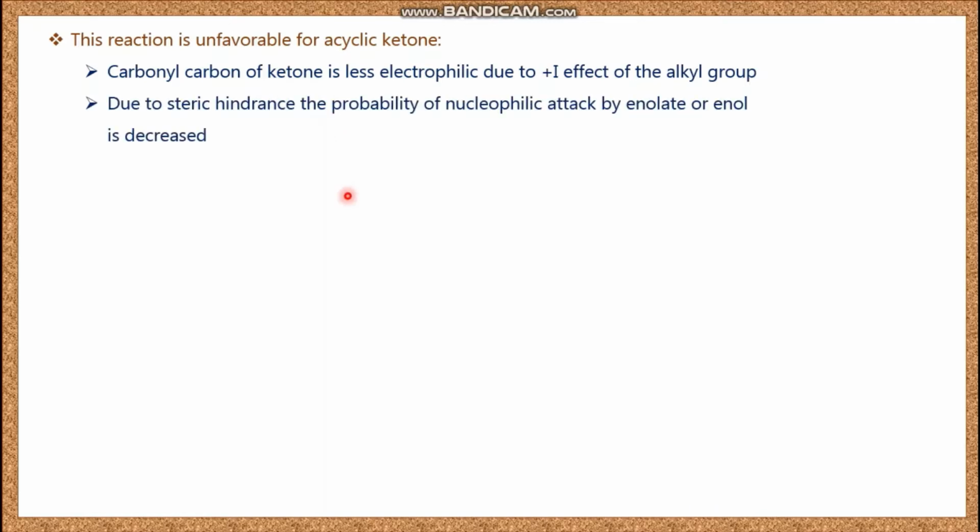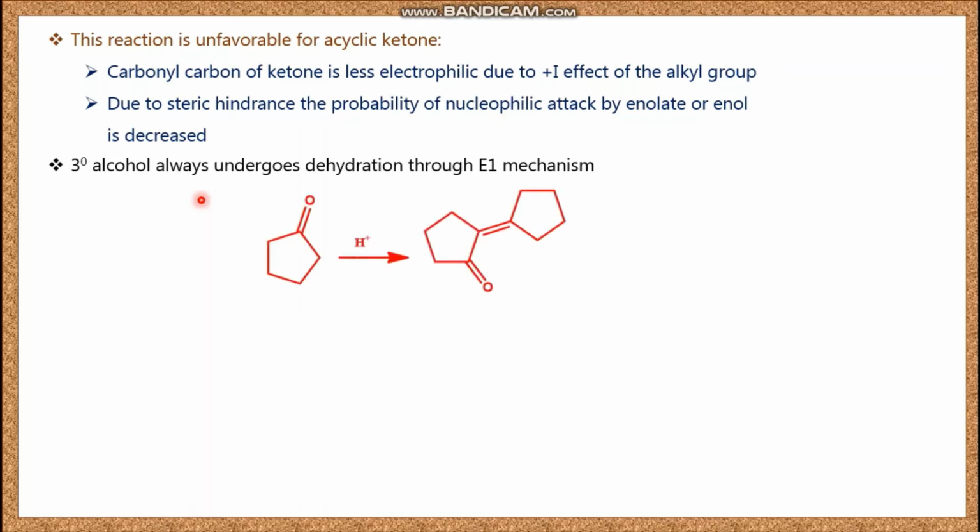Also, because of steric hindrance, the probability of nucleophilic attack by the enolate or enol is decreased. This is the reason aldol condensation is less favorable for acyclic ketones. And this tertiary alcohol will always undergo dehydration through the E1 mechanism. In step 3 we have seen that dehydration happens, and the mechanism is E1. E1 means elimination reaction of first order.